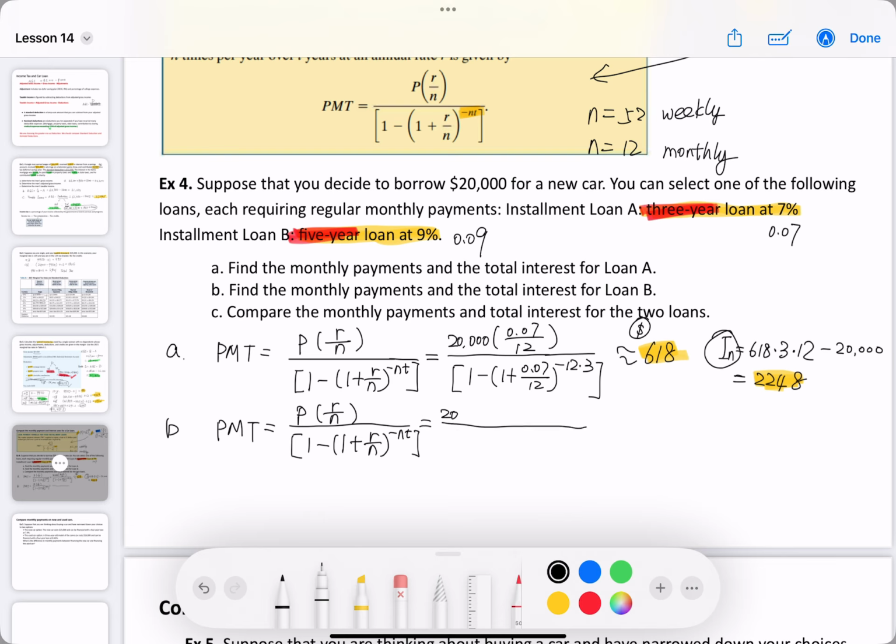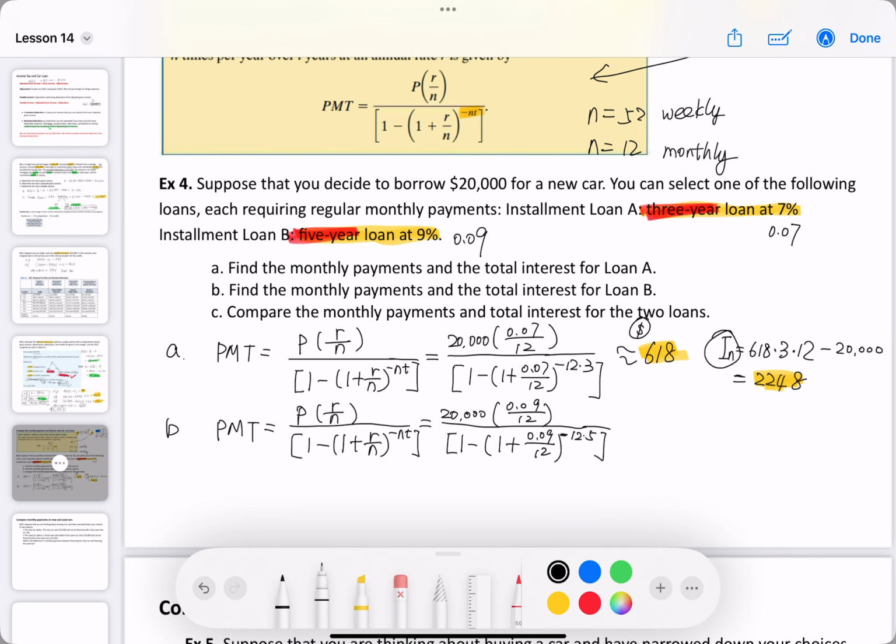Same amount of money, 20,000. But R becomes 0.09, all divided by 12, paid monthly. And divided by the bracket 1 minus 1 plus 0.09 over 12, raised to the negative NT's power. 12 times T. How many years in the second loan? 5 years. Let's multiply by 5.